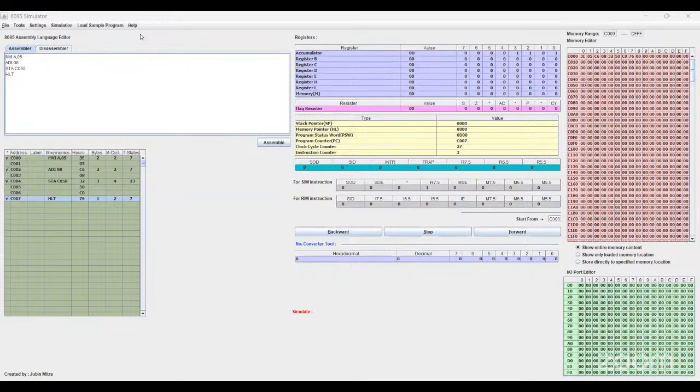So other flags will be reset. So they add the register pair to the HL register. The contents of the two will be added to the HL pair, so stored in the HL register. Then there is SUB R. Similarly, like ADD B, we have SUB B, SUB C, SUB D, SUB E, all those instructions.